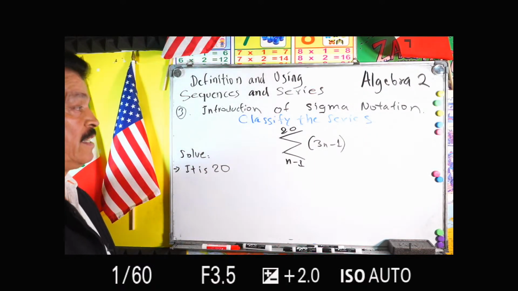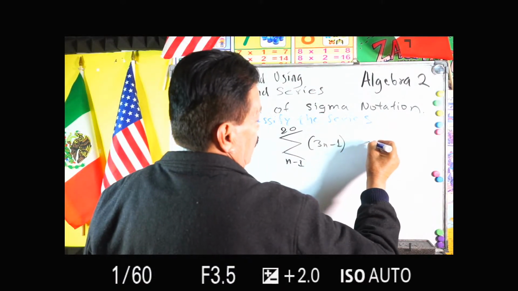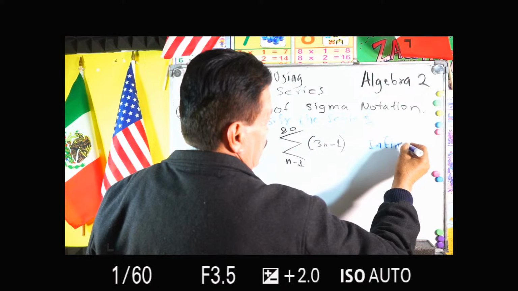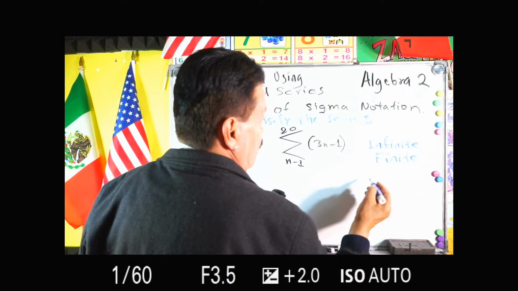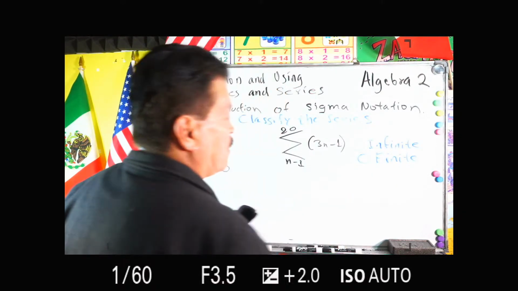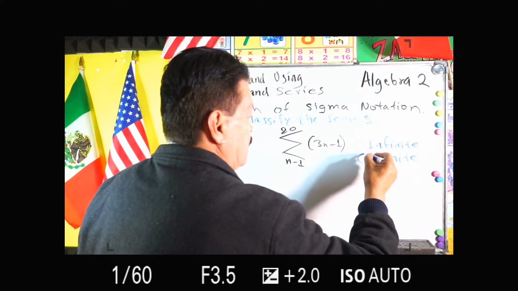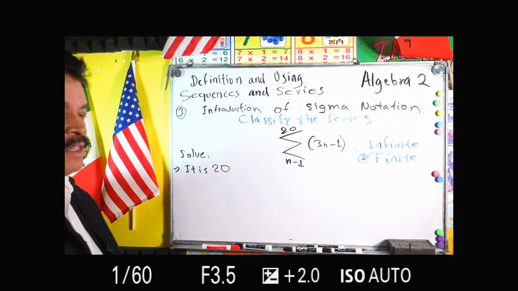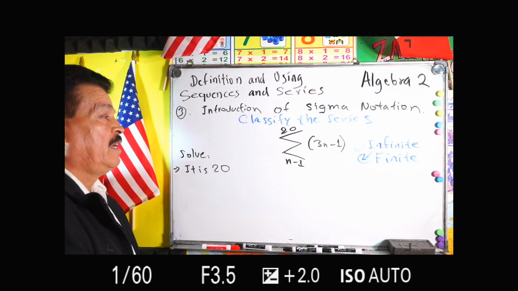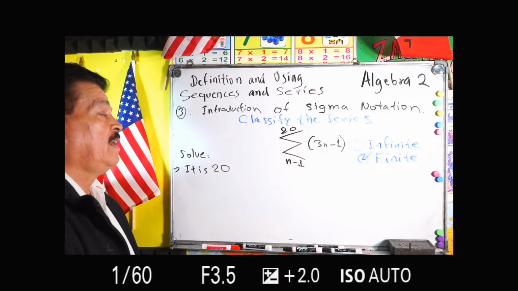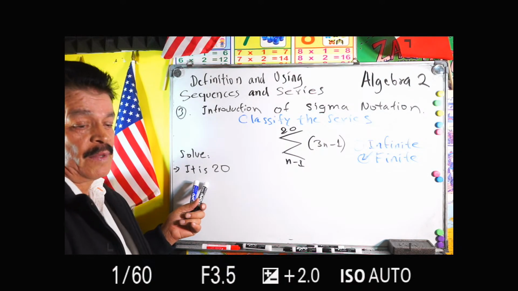First, we have to decide: infinite or finite. That's the first thing. This one is 20. We have a number right here, so it is finite. The number of terms in the series is 20.